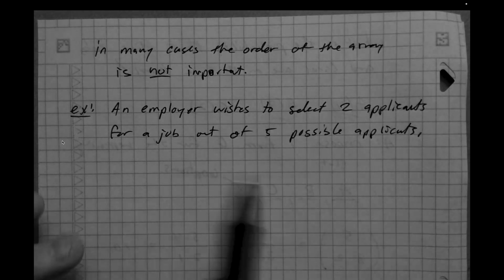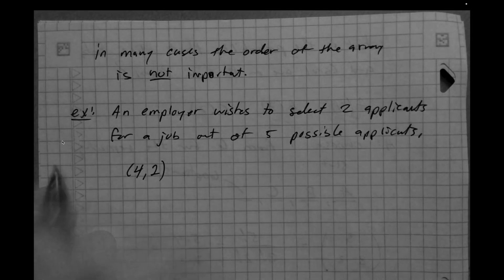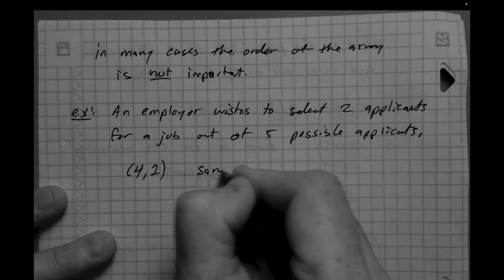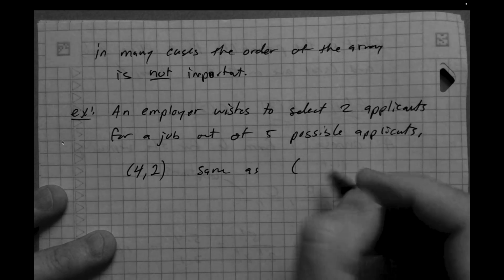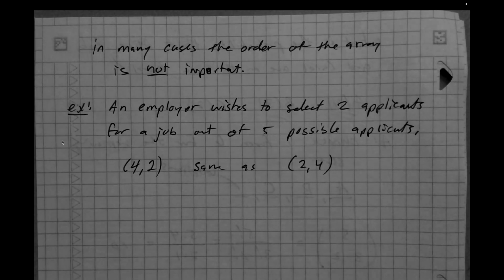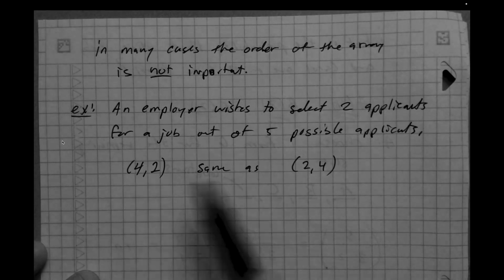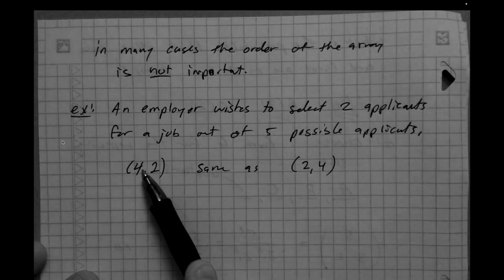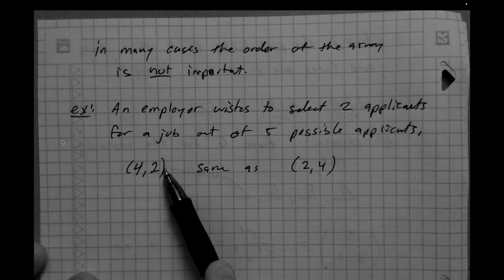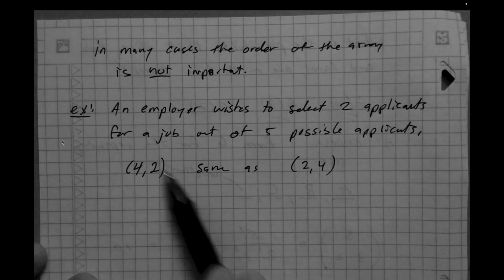So examples of what's in the sample space would be applicant 4 gets chosen and applicant 2 gets chosen, and this would be the same as applicant 2 gets chosen, applicant 4 gets chosen. These are the same. The order doesn't matter. If these were permutations, if the first name chosen and the second name chosen got treated differently somehow, like maybe the first one got preferential treatment, then order would matter.